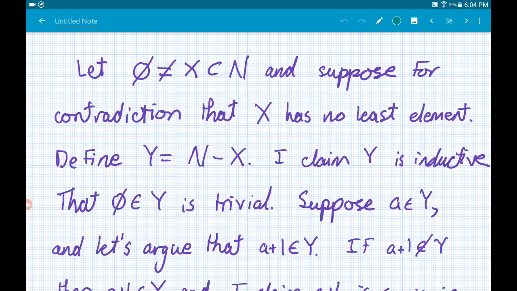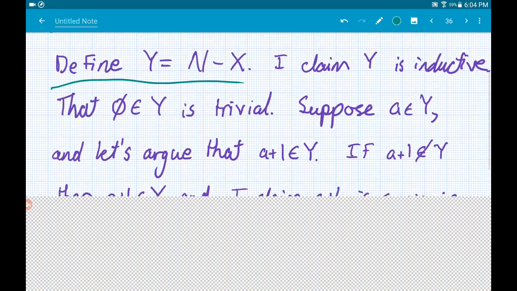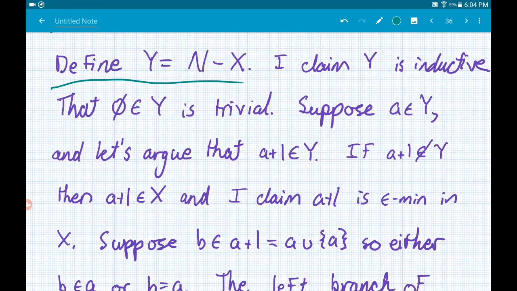Okay, so let's go ahead, state the assumptions, define this set y to be the complement of x in n, and I would like to argue that y is an inductive set. Well, I think that the empty set is in y trivially.